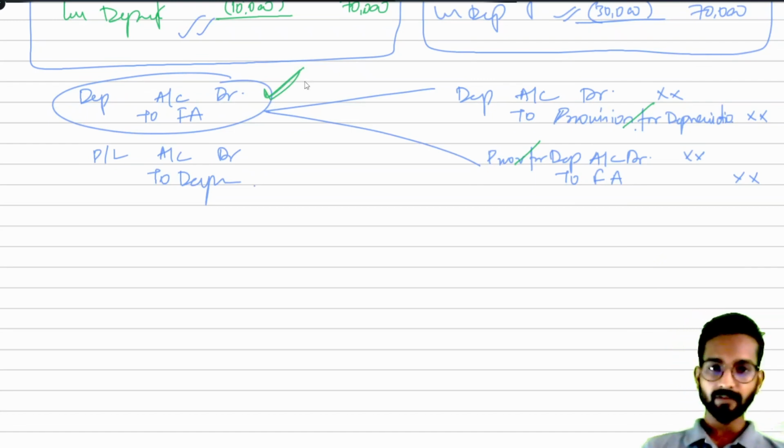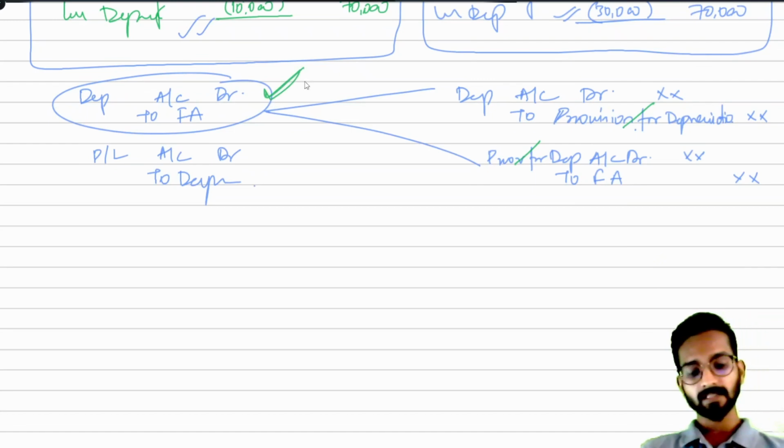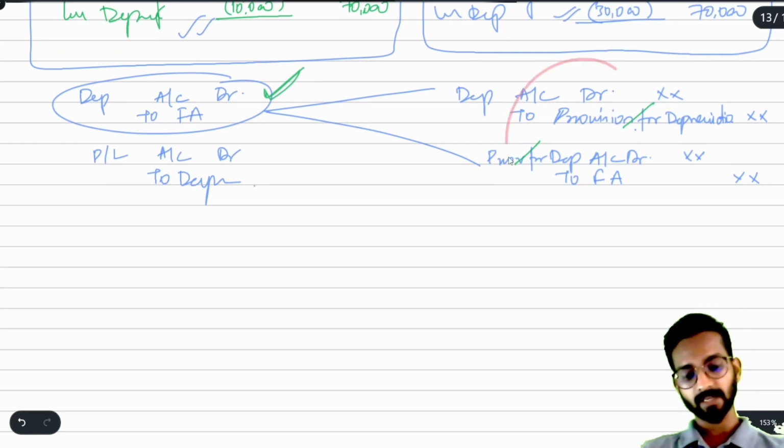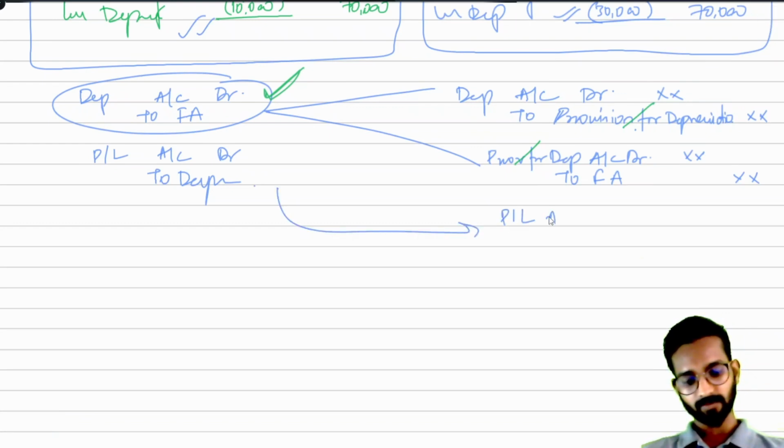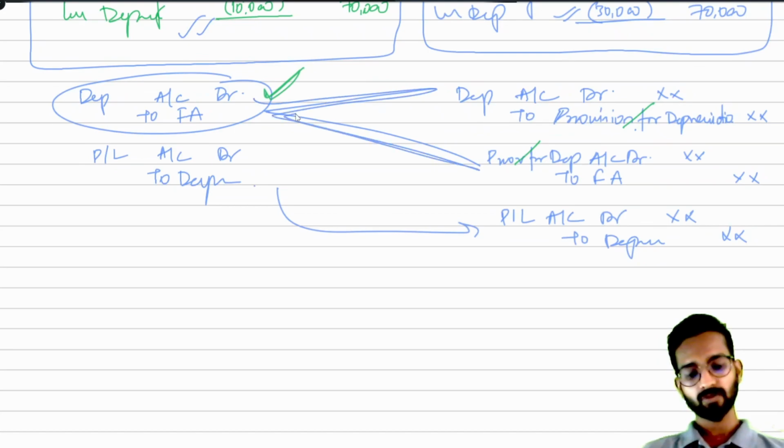So the effect will be same, the result will be same, but this method will give you a better picture of what is happening. Understood? And after this, the entry will be same for P&L account, P&L account debit to depreciation. Understood? Only this entry we are breaking into two parts.